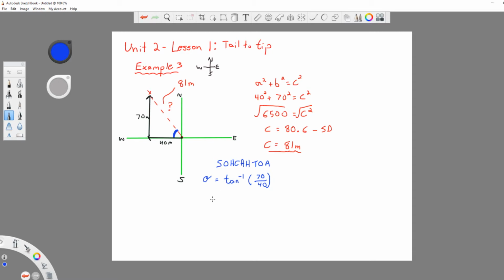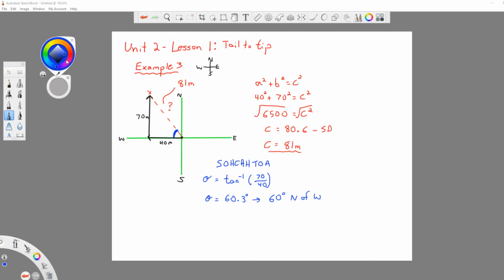If we punch inverse tan 70 over 40 into our calculator, this angle comes out to be 60.3 degrees, which with 2 sig digs is 60 degrees. And this is measured from the west, moving north. So it's 60 degrees north of west.